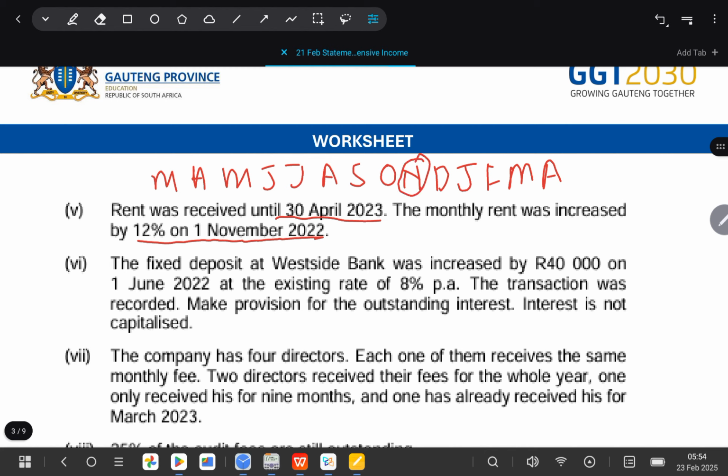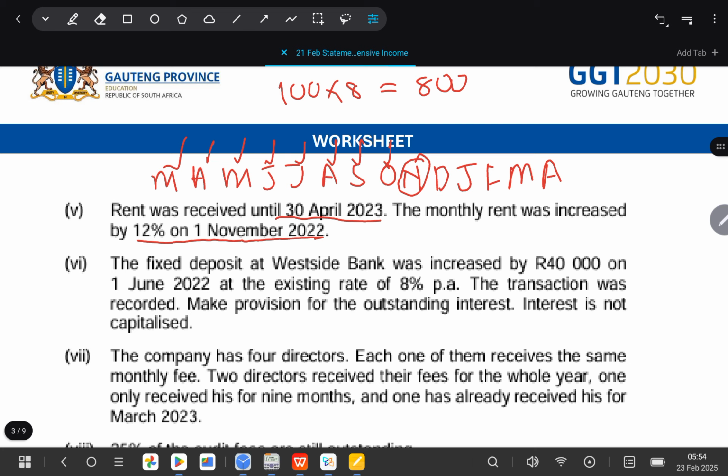So it means that in the months before the increase, rent was always 100%. So we have 1, 2, 3, 4, 5, 6, 7, 8. So for 8 months, rent was 100%. So 100 multiplied by 8 is going to give you 800.